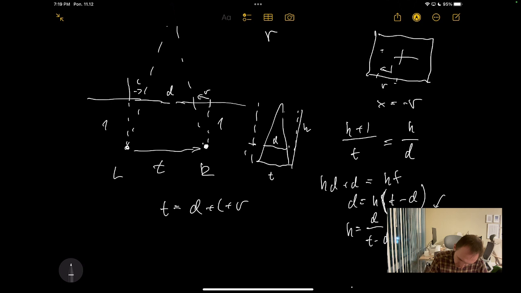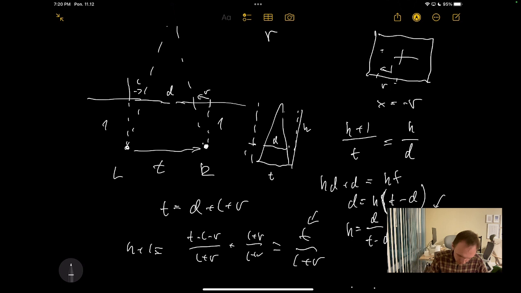Yeah, plus 1, so that's T minus R plus R plus R plus R over R plus R equals, so H plus 1, which is what we care about, which is depth for the point, is T over R plus R. So very easy thing, right? T over whatever is the difference between those, right? Very easy equation, hope it makes sense.